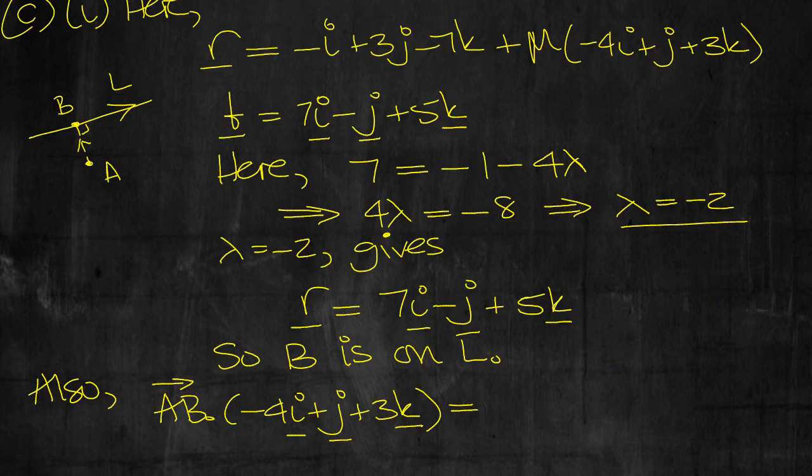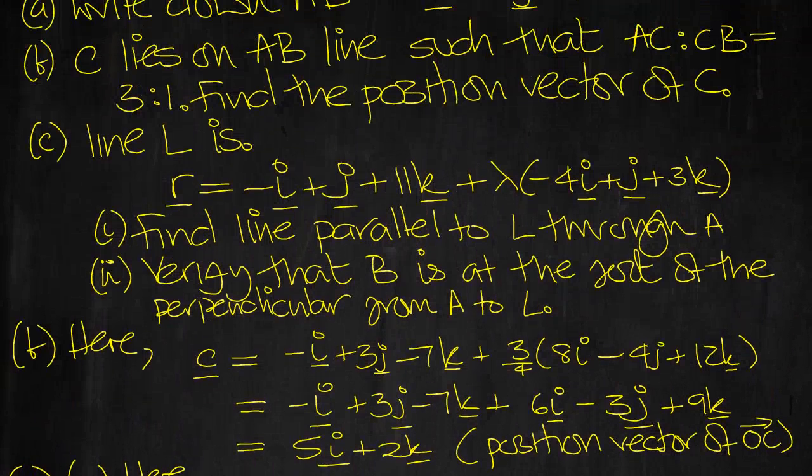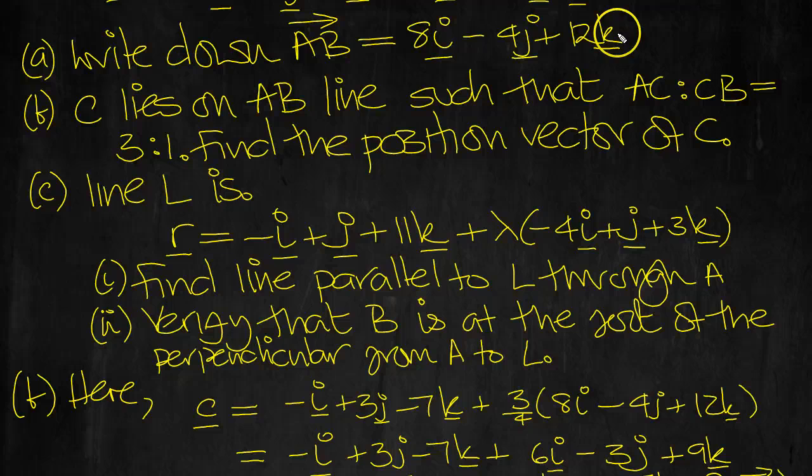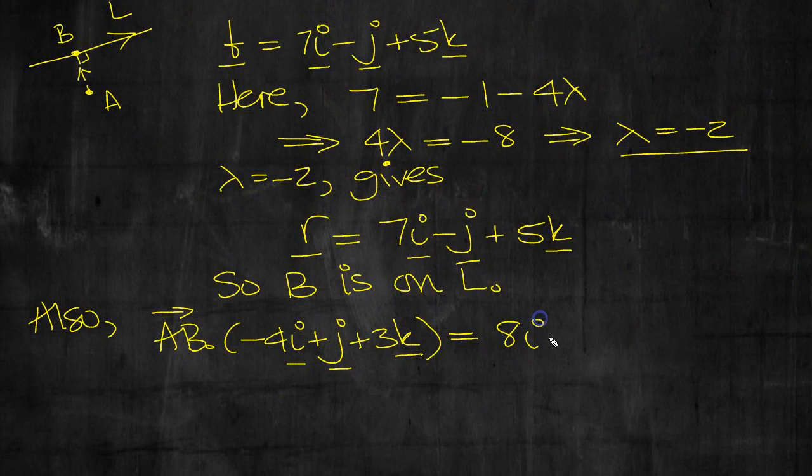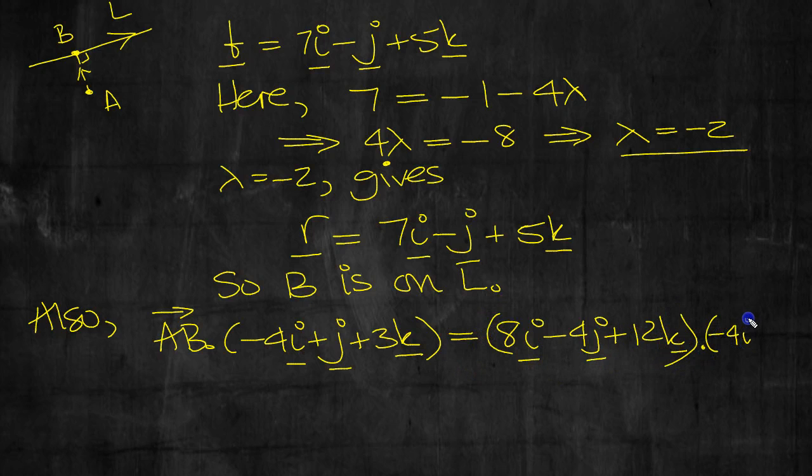Well, AB, let's just get AB again. 8 minus 4, 12. Dot product with minus 4i plus j plus 3k.